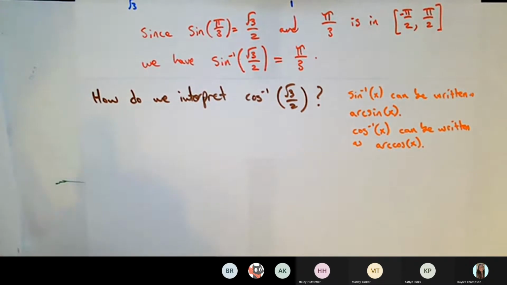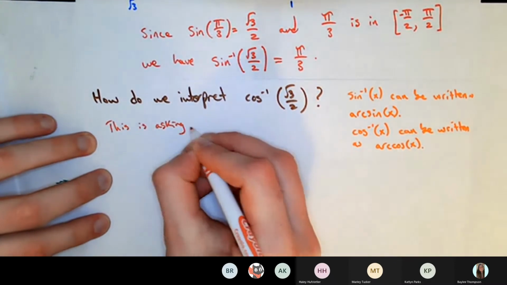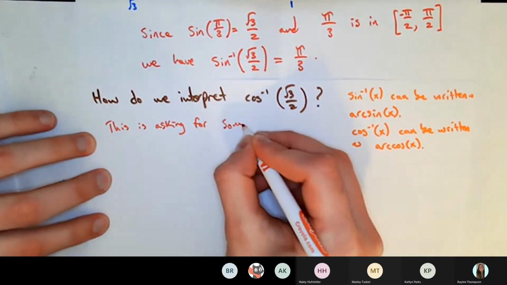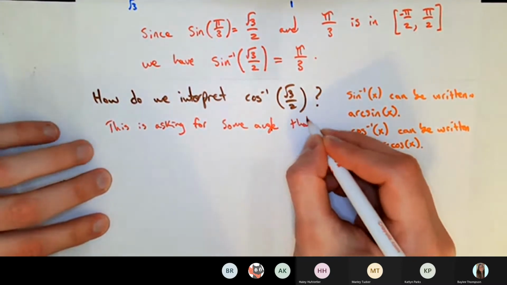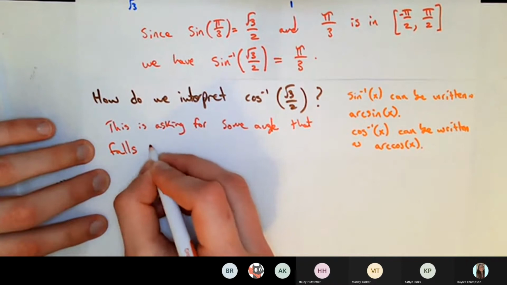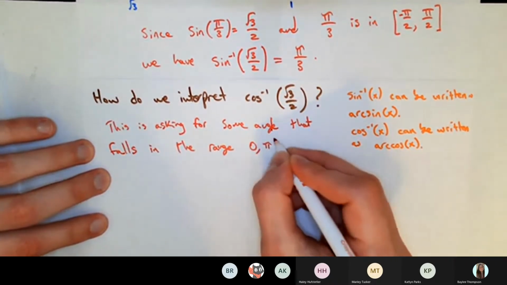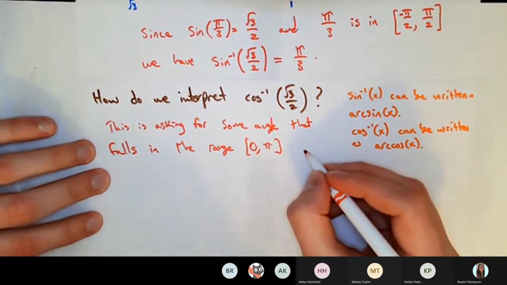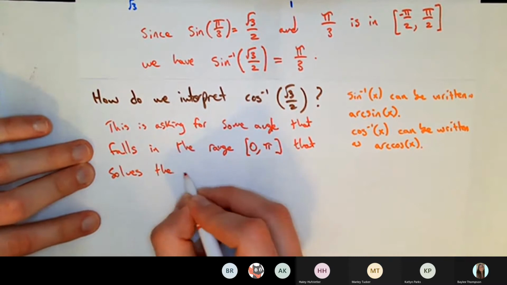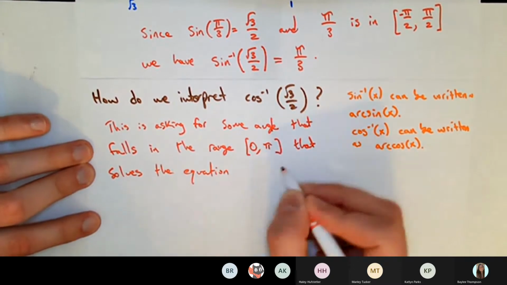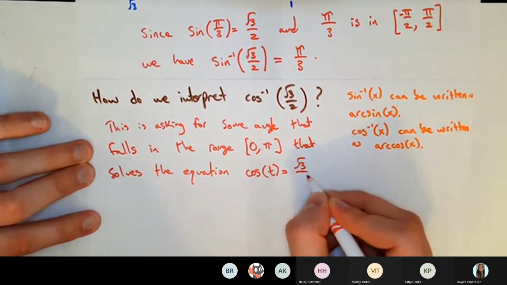This is asking for an angle that falls in the range 0 to pi, because that's the range of cosine inverse, that also solves the equation cosine of t is equal to square root of 3/2.